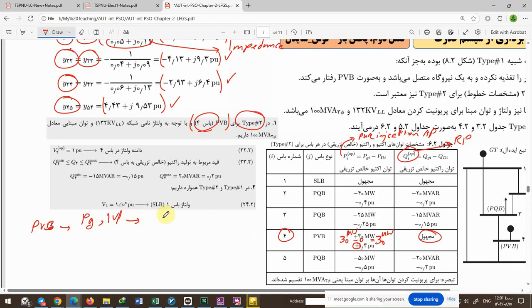The two parameters Q generation and the angle of voltage are not specified, they are unknown.